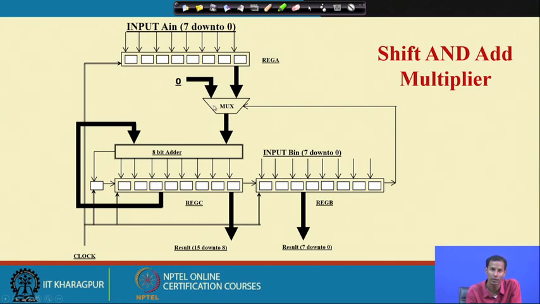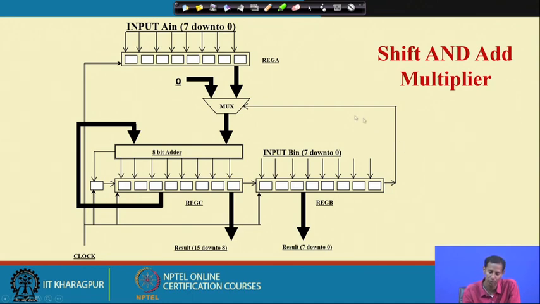Using this mux I can compute that. For 0 this will choose 0. If this bit is 1, it will choose 2A, that means A in is just shifted left by 1 bit, and that will come over here and be stored in this particular register.